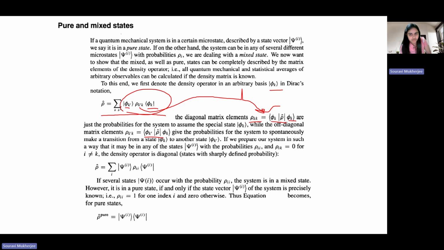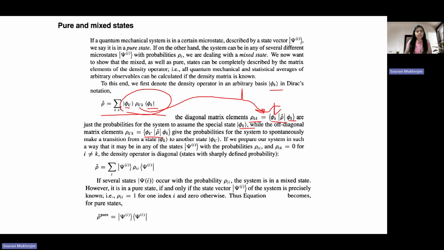Now you want to do an inner product of that state vector with the initial phi k vector. This is just the probability for the system to be in the state phi k. That means you have used this operator on phi k and then taken an inner product with phi k itself, which tells you the probability that your system is in the state phi k.